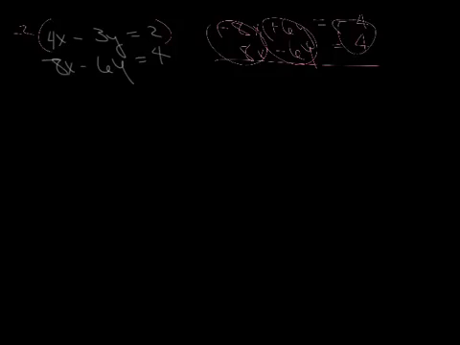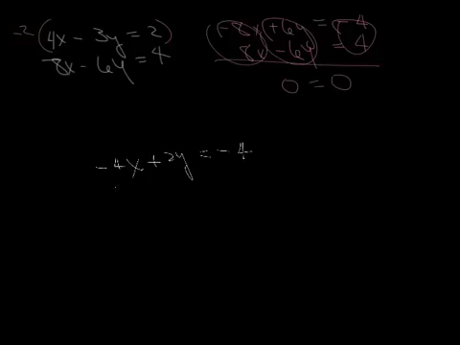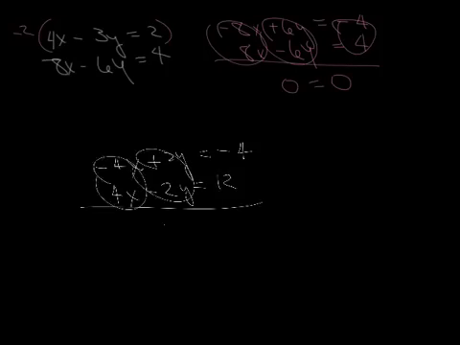So what do I get? 0 equals 0. Okay? Now on the last one, this answer right here did not disappear. We had our negative, let me rewrite that last one, 4x plus 2y equals negative 4, and we had 4x minus 2y equals 12, and that gave me 0, and this gave me 8.